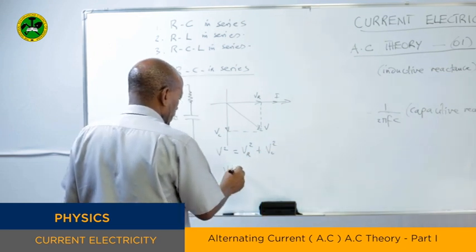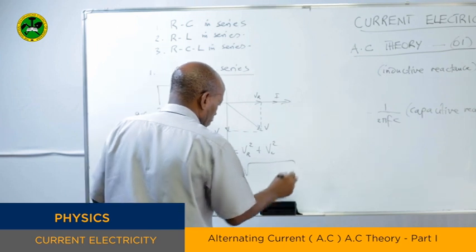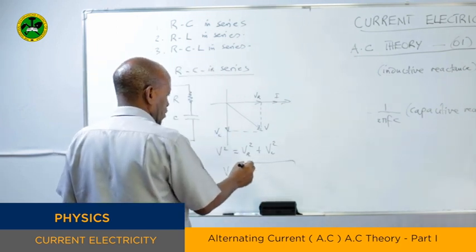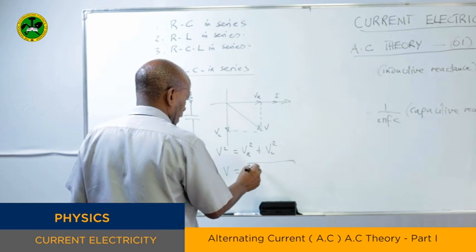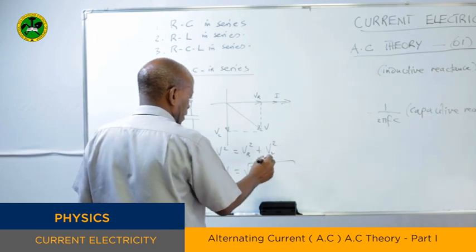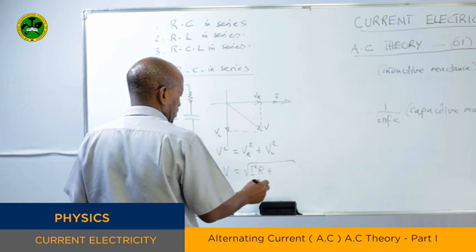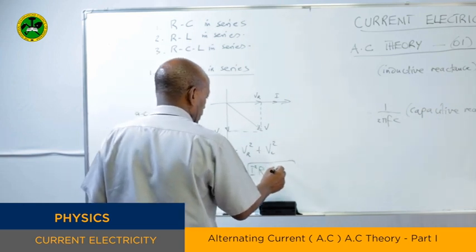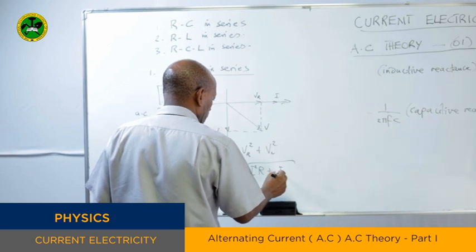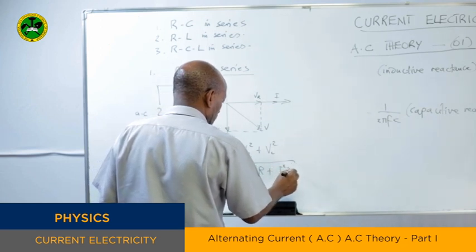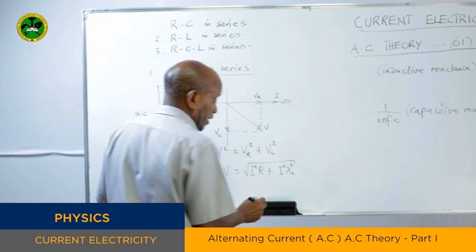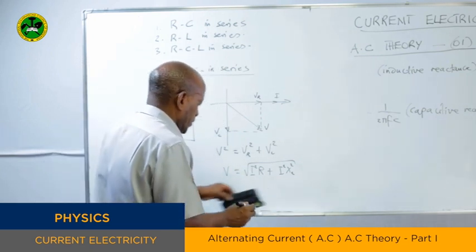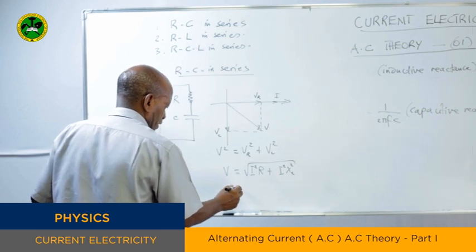To get the resultant voltage V, through R this is equal to I squared times R. Through a capacitor, as I've already said, this is equal to I squared times the capacitive reactance squared.